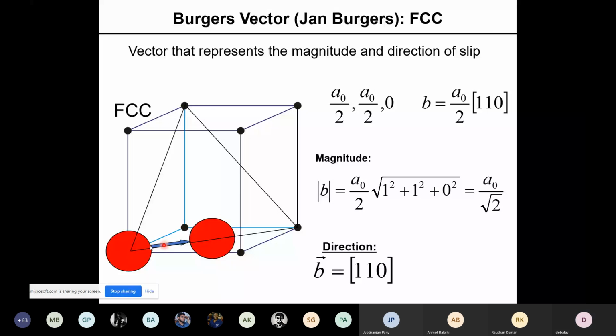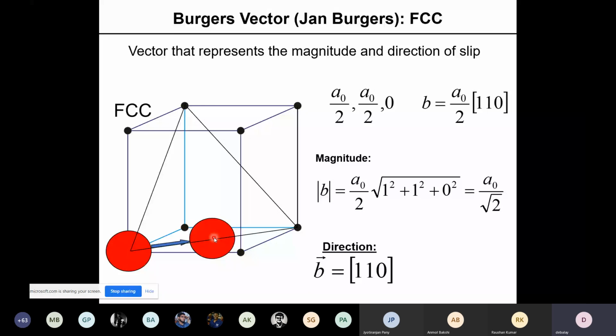What change will be there in the stacking sequence? No, sir. No change will be there, because if you consider the plane, the face center position is also a B position, and the corner position is also a B position.